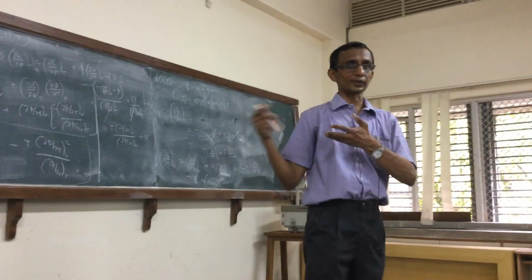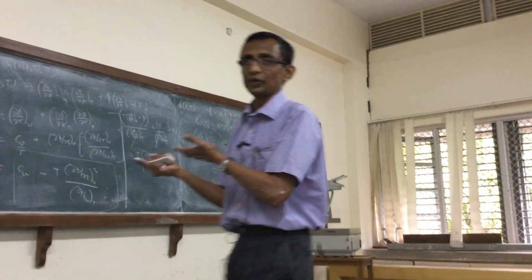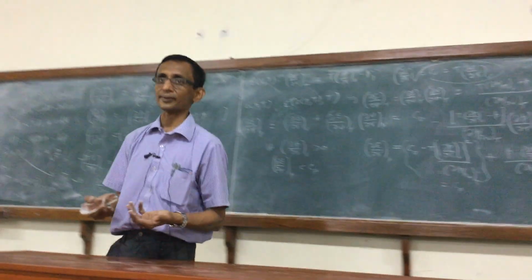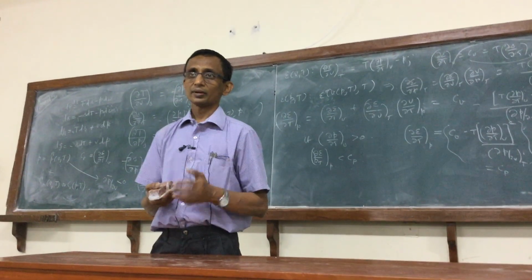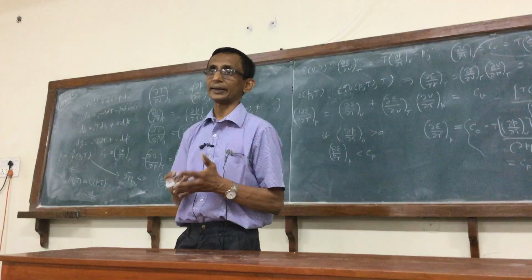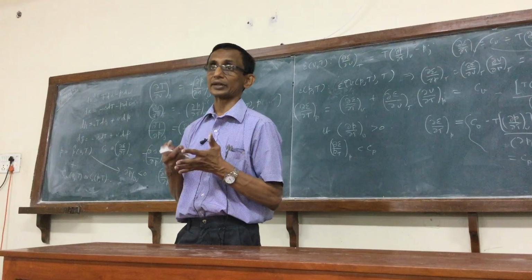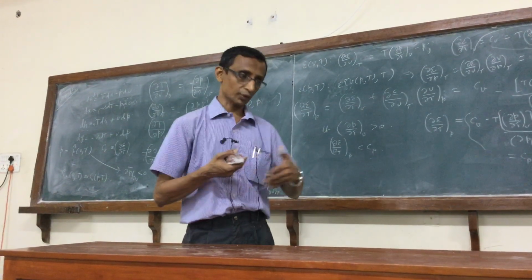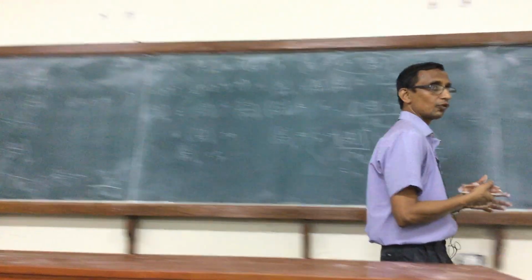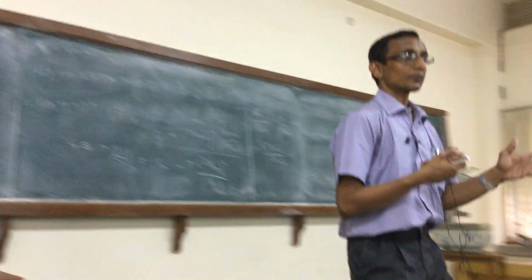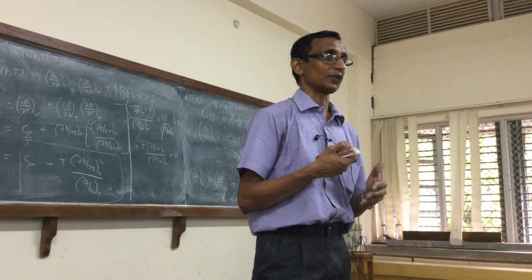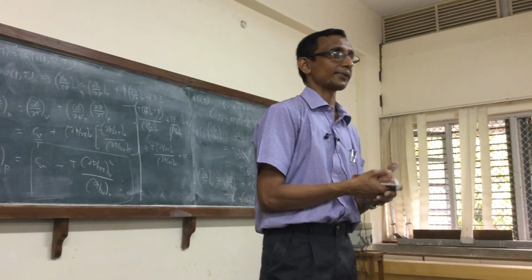Because we also want to see what is the use of deriving all that. It might just look like a maze of expressions. We have to make some sense out of it. Water at 4 degrees centigrade is a classic case where dP by dT actually vanishes. For temperatures lower than 4 degrees, that's an anomalous behavior. dP by dT will actually be less than 0.